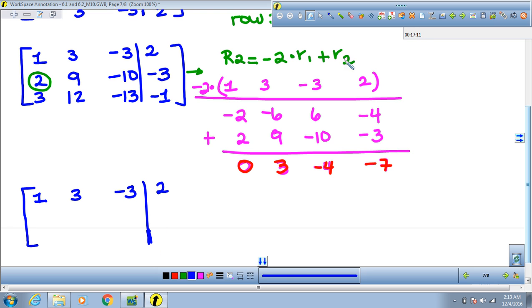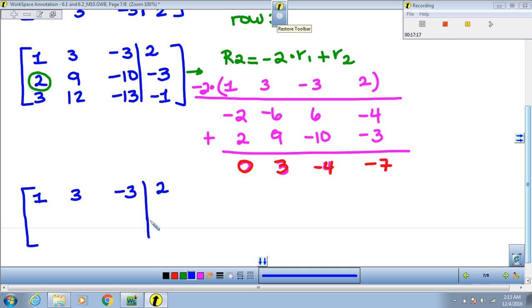Let me make this line better here at the end. And then in row 2, 0, 3, negative 4, negative 7. 3, 12, negative 13, negative 1.